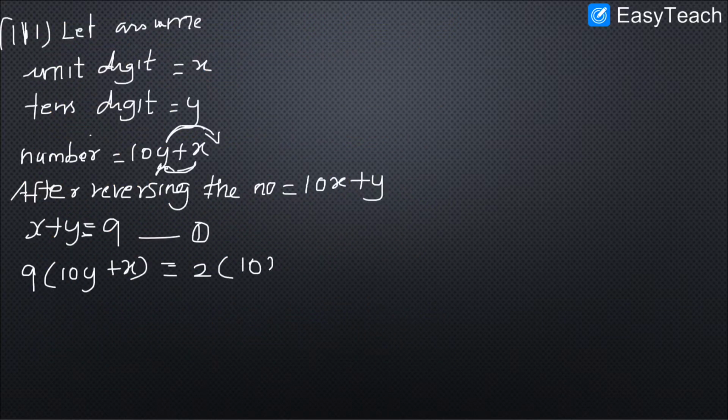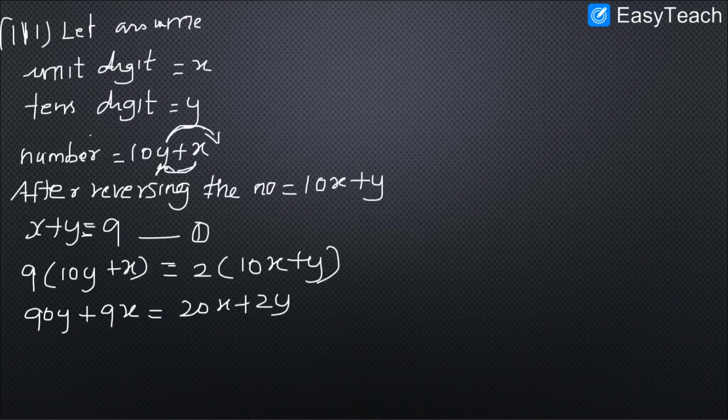The next calculation is going to be very easy. If you multiply inside, 90y plus 9x equals 20x plus 2y.